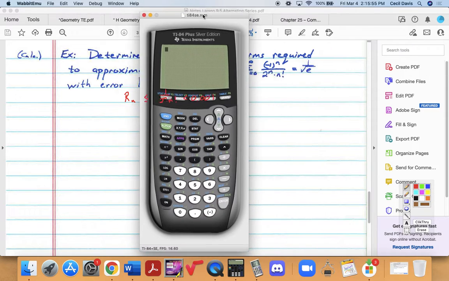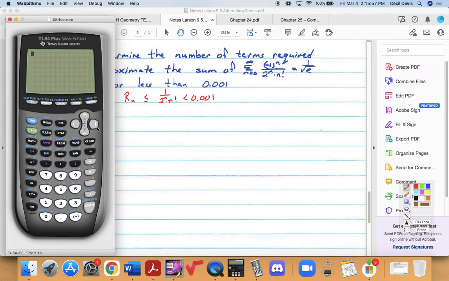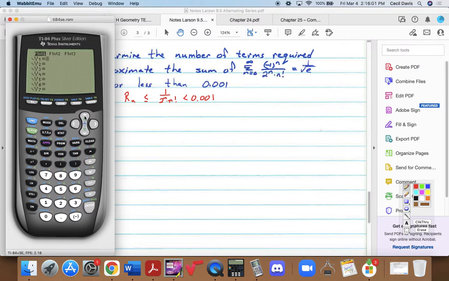The easiest way to use your calculator for this is to put this expression into y1: 1 over 2 to the nth times n factorial.